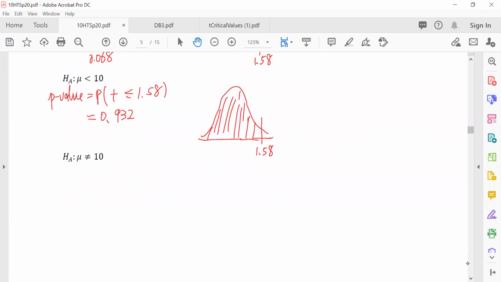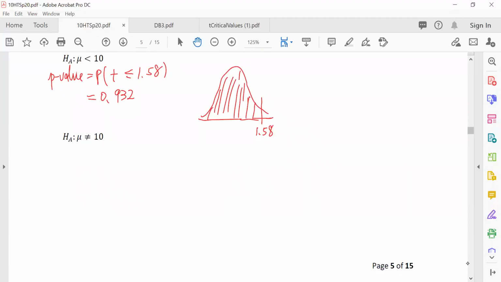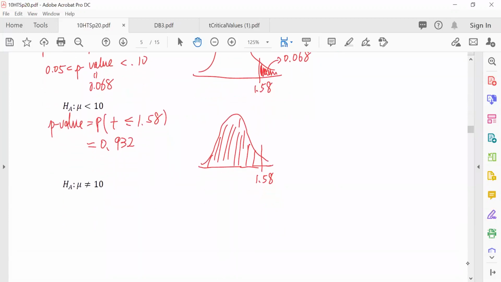So the last scenario is when your alternative hypothesis is not equal to sign. This is called a two-sided test. Remember, these two are called one-sided tests.